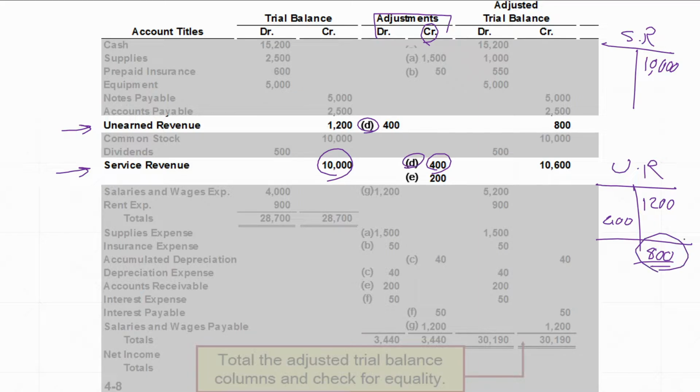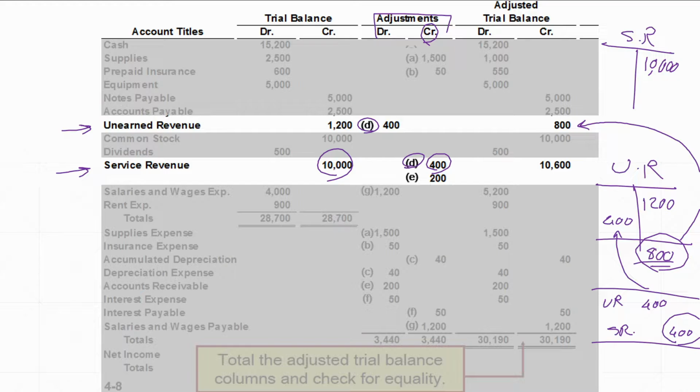That new balance is the adjusted balance, which will be reported under the credit side of the unearned revenue. And of course, the adjusting journal entry was unearned revenue 400 debit, service revenue 400 credit.